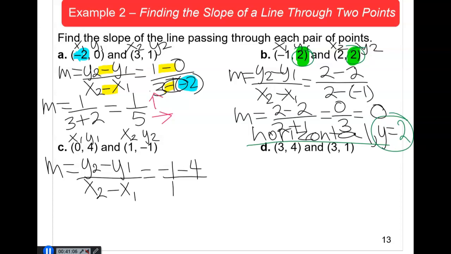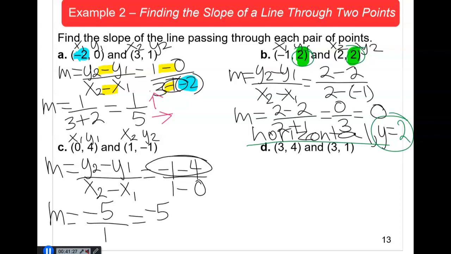Now, x sub 2 is 1 minus x sub 1, which is 0. Negative 1 minus 4, both are negative, so we add the absolute values but keep them negative. So negative 5, and then on the bottom 1 minus 1 is 1. So this is equal to negative 5. If we want to talk about how this is going to behave, it will be 5 units down, 1 to the right.